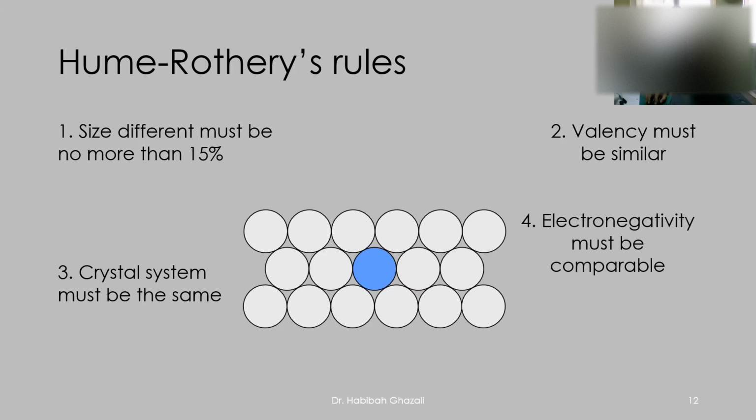The last rule is that it must have a comparable electronegativity. The two atoms that can be mixed together at any percentage are copper and nickel. This is an example where an impurity atom, no matter how many we have, can always sit in the lattice point of the host material. If the host material is copper and we have nickel, nickel will always have a place in the crystal structure of copper.